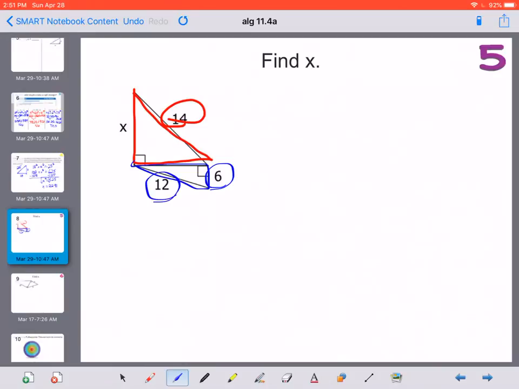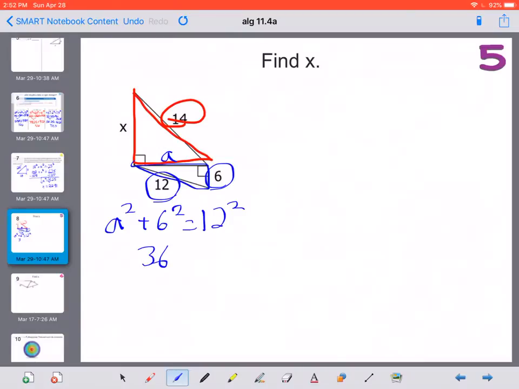So what I know that I can do is use the Pythagorean theorem to find my other side for the little triangle, which is going to be the same as the big one. So then I would have two sides on the big one. So we'll start there. So a squared plus 6 squared equals 12 squared.